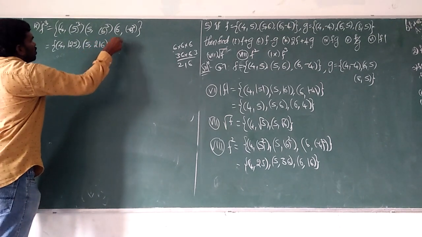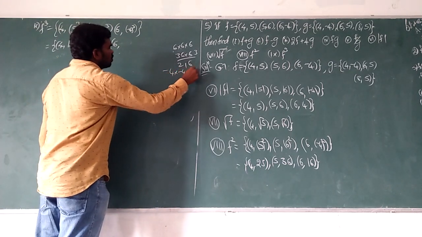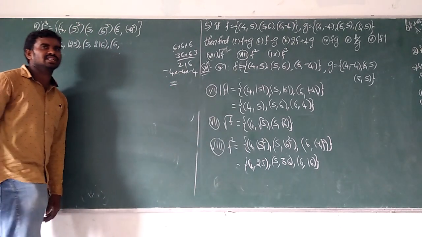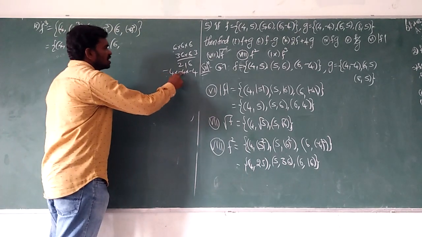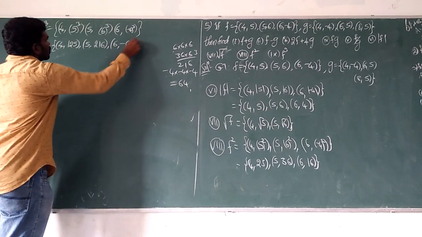Next 6 comma minus 4 whole cube means minus 4 into minus 4 into minus 4. Minus into minus is plus, plus into minus is minus, so finally we get minus. And 4 fours are 16, 16 fours are 64. So it will be minus 64.